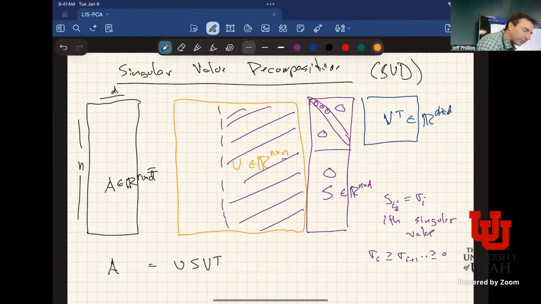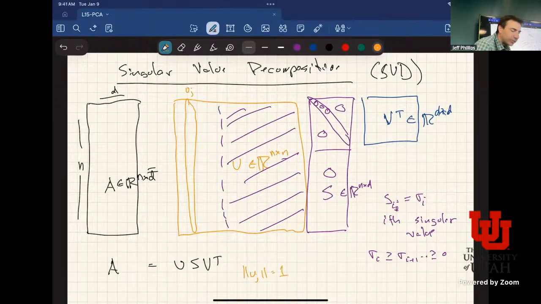Okay, what else do we know about U? Well, we're going to write these columns of U as u_j, and u_j are going to have the property that their norm is equal to 1. They're going to be these unit vectors, and for j and j prime, the inner product of u_j and u_j' is going to be 0.